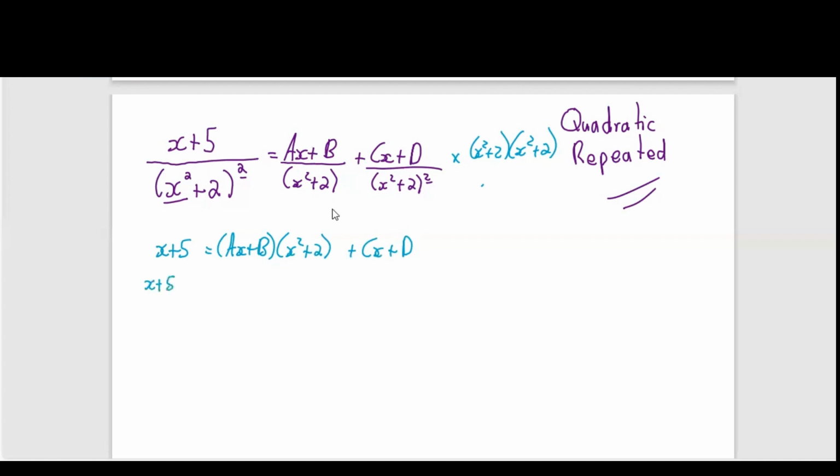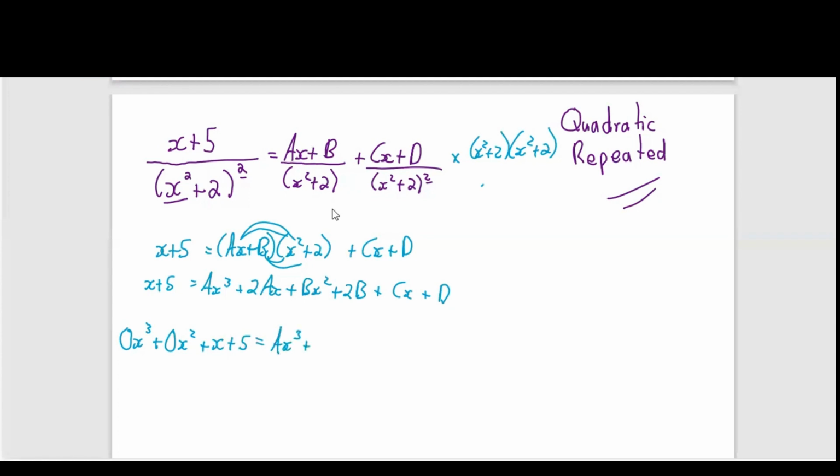So it'd be x plus 5. Expanding this out, you end up with ax by that, so ax cubed. Ax by 2 will be plus 2ax. bx squared, plus 2b, and then plus cx plus d. Let's write in some dummy variables: 0x cubed plus 0x squared plus x plus 5 is equal to ax cubed.